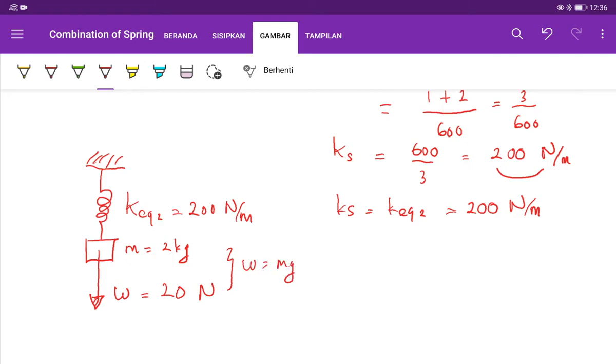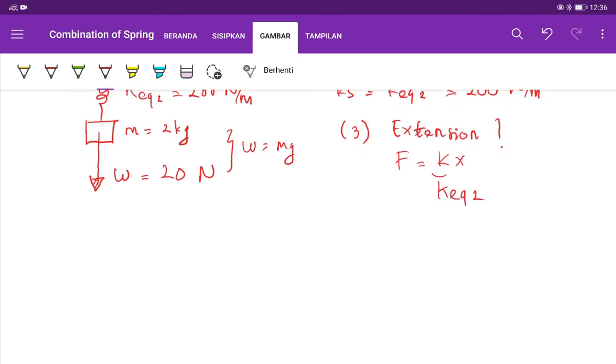And the last step, we find the extension. To find the extension, we use the first equation that we have, that F equals Kx. K here is the equivalent spring constant, K equivalent 2.